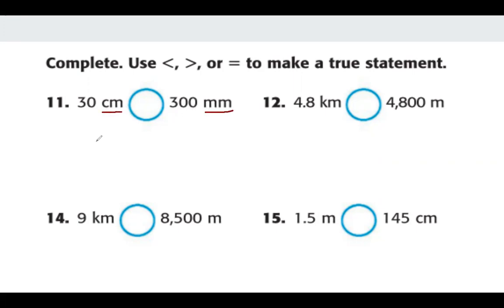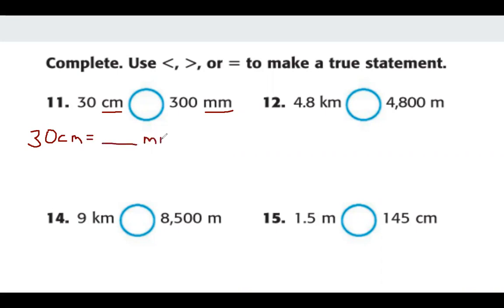We can either turn centimeters into millimeters or the millimeters into centimeters. What I'm going to do is turn these centimeters into millimeters, which means I have 30 centimeters, and I have to figure out how many millimeters that would equal.